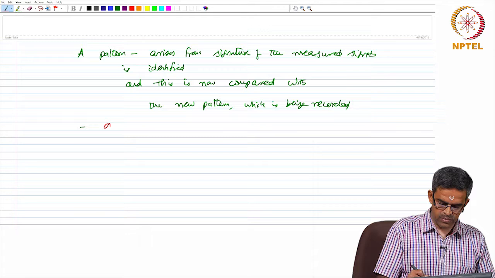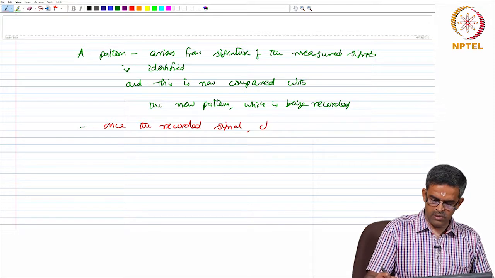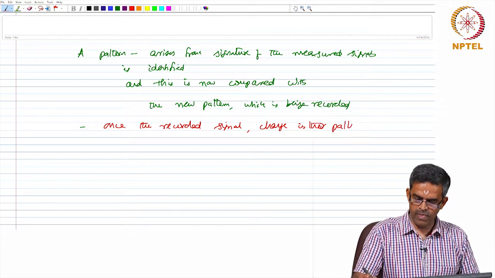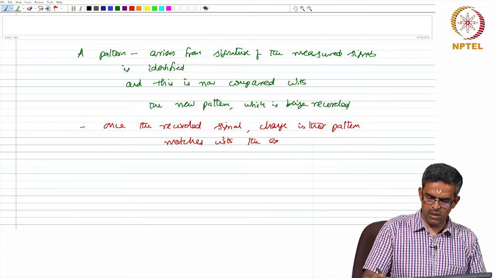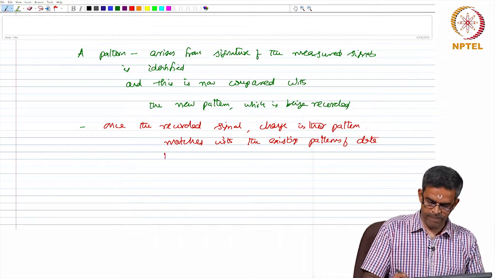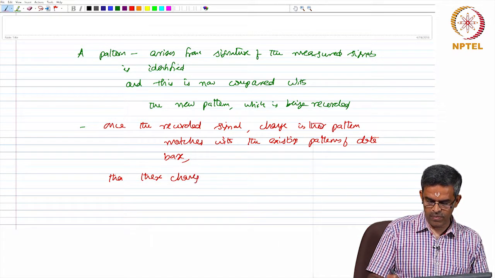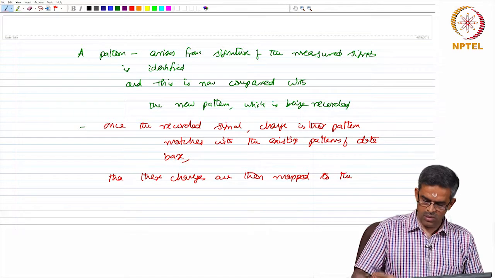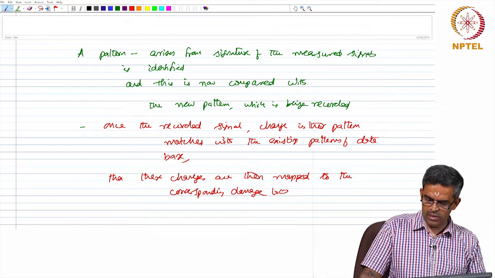Once the recorded signal change in their pattern matches with the existing patterns of the database, then these changes are mapped to the corresponding damage locations.